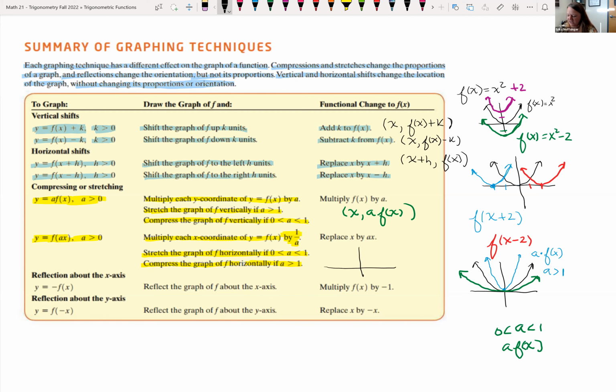Okay, so stretching it horizontally, it's growing at a slower rate. Let's say this is again x squared. So this is if a is between 0 and 1.